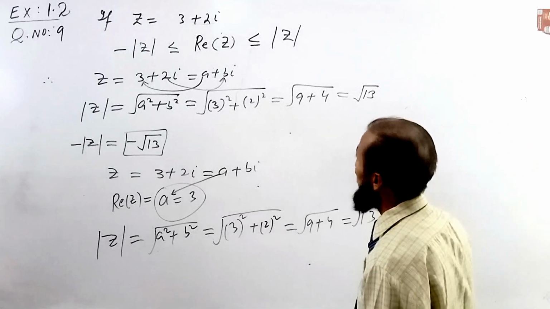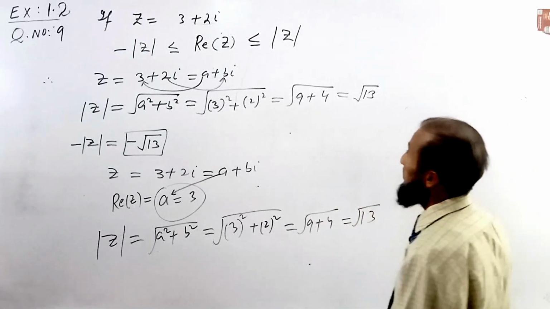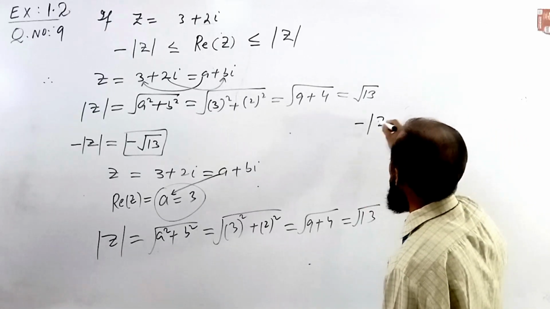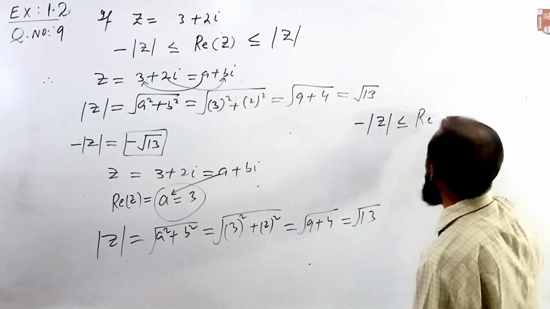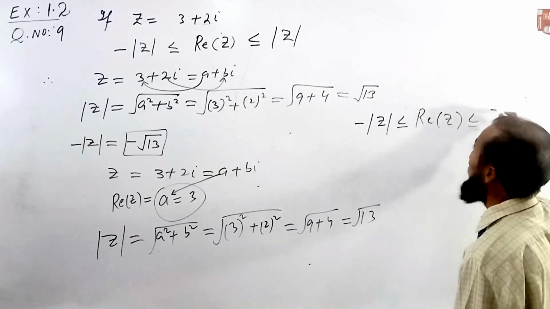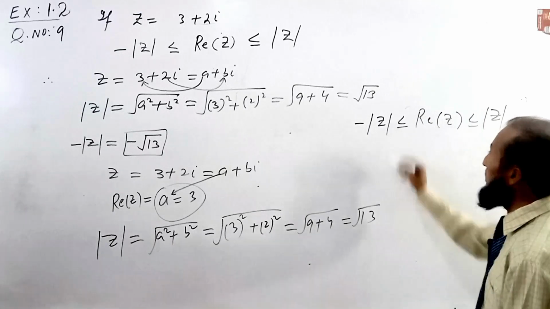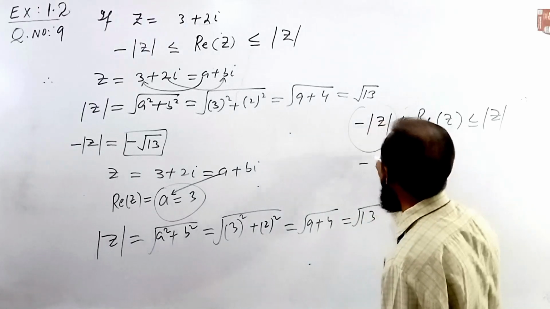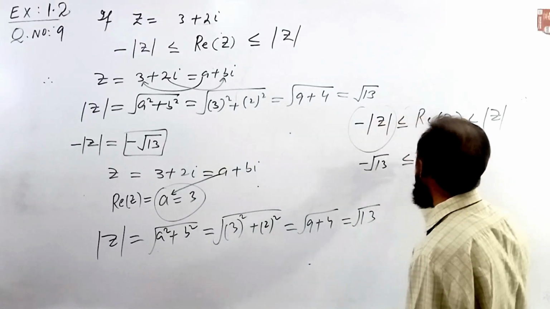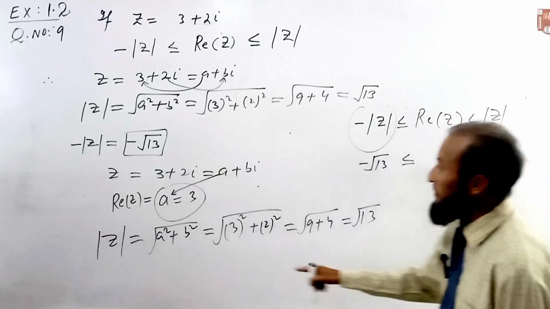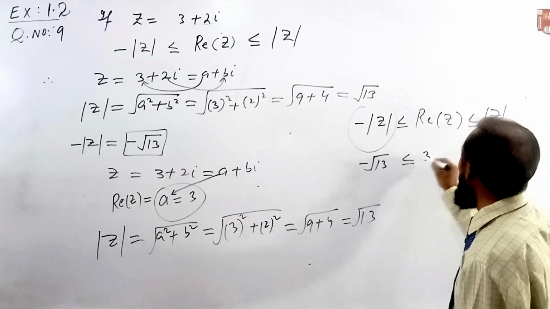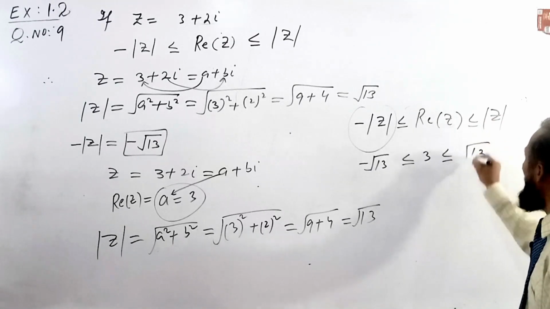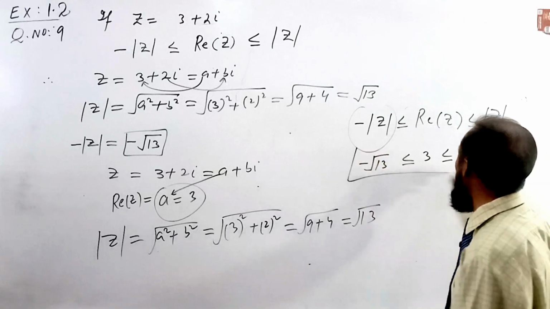Now if we substitute the values in the above relation, minus absolute z less than or equal to the real part of z less than or equal to absolute z, we have already found the answer: minus root 13 less than or equal to the real part of z, 3, less than or equal to root 13, which is the required result.